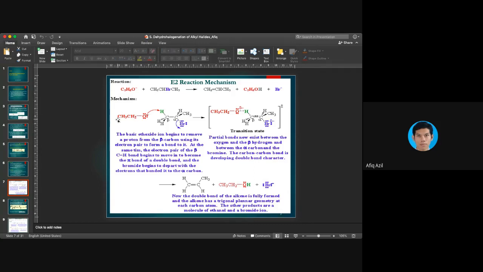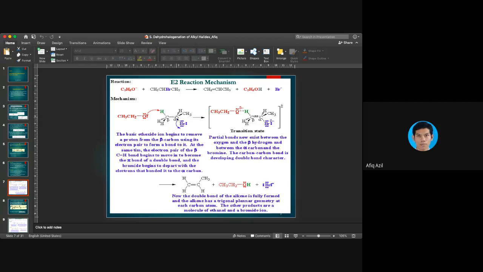It comes and attacks the hydrogen on the beta carbon. Okay, kalau in a substitution reaction, this will come and attack this carbon, the alpha carbon that is bonded to the bromine. But what makes it different is this thing comes in and attacks this hydrogen. Okay, kat sini we have beta and alpha.